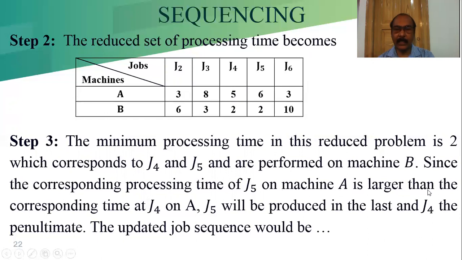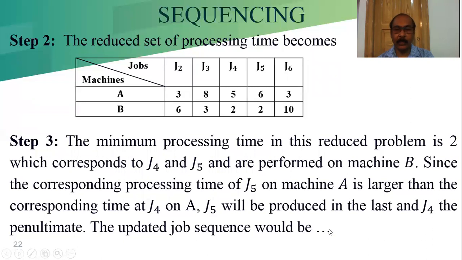The time of J5 on machine A is larger than the corresponding time of J4 on A. So J5 will be produced last, and J4 before that. So we put J5 at the end, then before that J4.